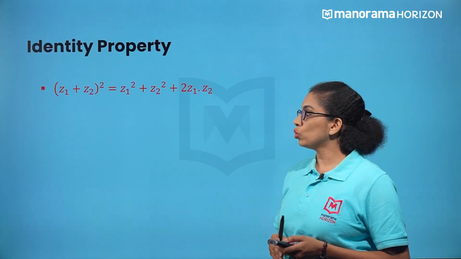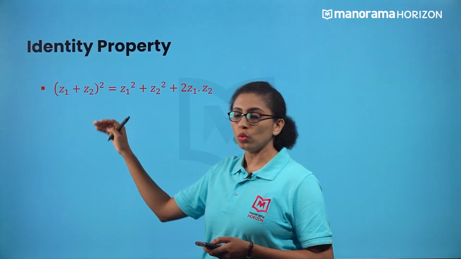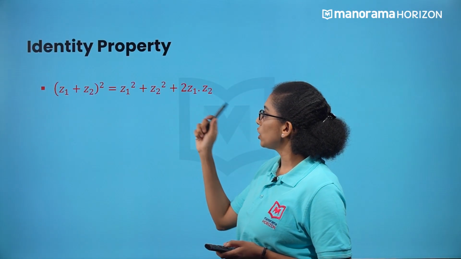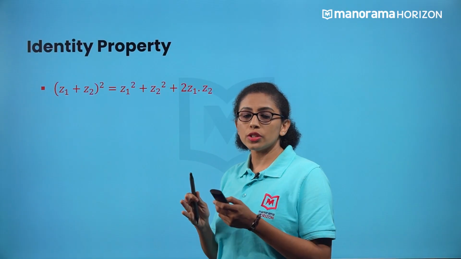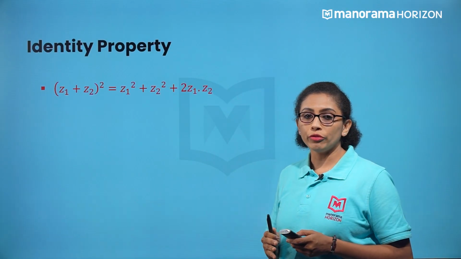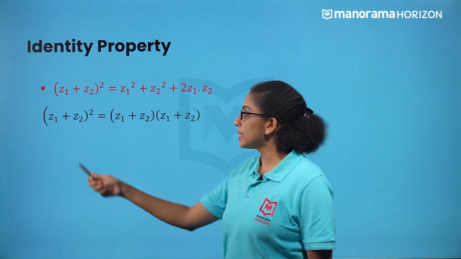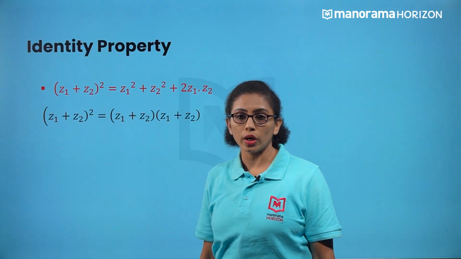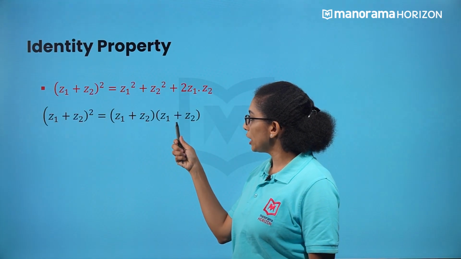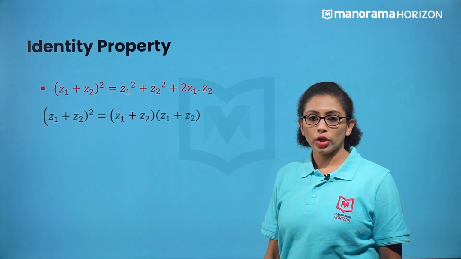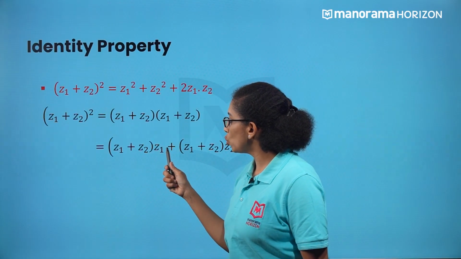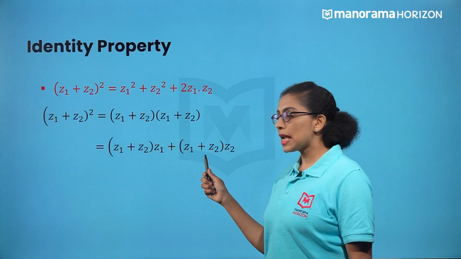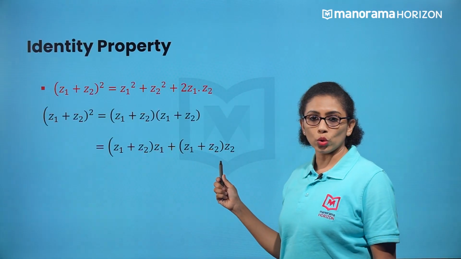Now let's prove an identity. (Z1 plus Z2) the whole square is equal to Z1 square plus Z2 square plus 2 into Z1 Z2. First, according to the distributive law, we can write (Z1 plus Z2) the whole square as (Z1 plus Z2) into (Z1 plus Z2). Again, taking it inside, we get (Z1 plus Z2) into Z1 plus (Z1 plus Z2) into Z2.